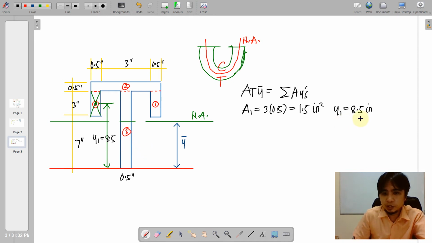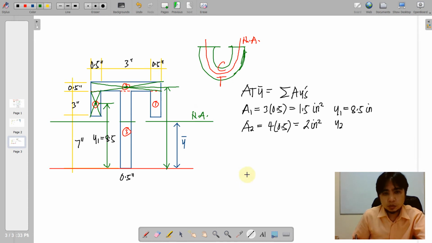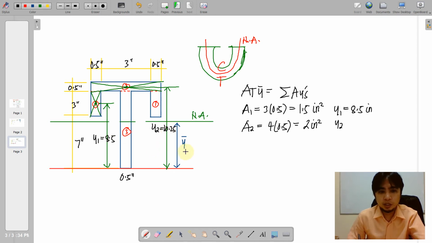We place it here. And then for A2, we have 4 by 0.5, or that is equal to 2 square inches. And for the distance y2, we have this point up to your reference line, which is 7 plus 3, 10, plus half of 0.5, that is 0.25. So basically we have here 10.25 inches.